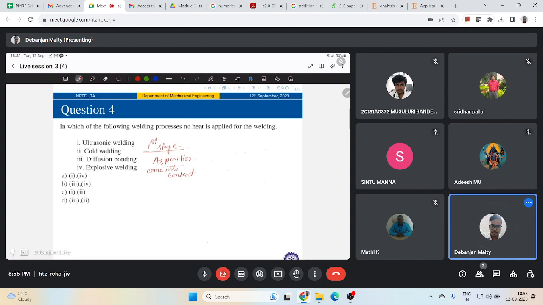Then you will have some kind of interfacial boundary formation. You can also have some grain boundary migration, recrystallization, those things.